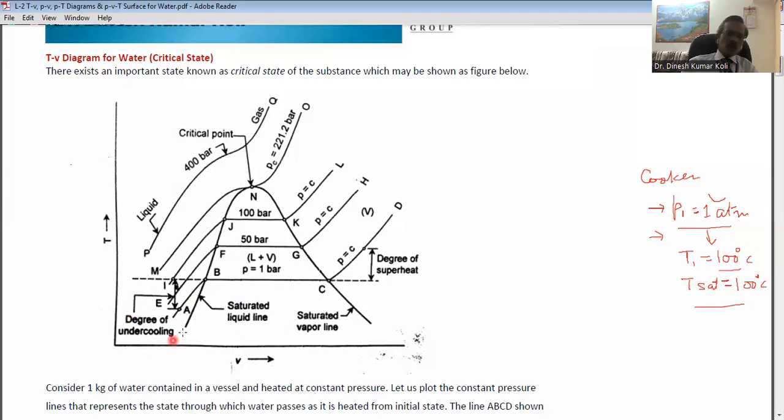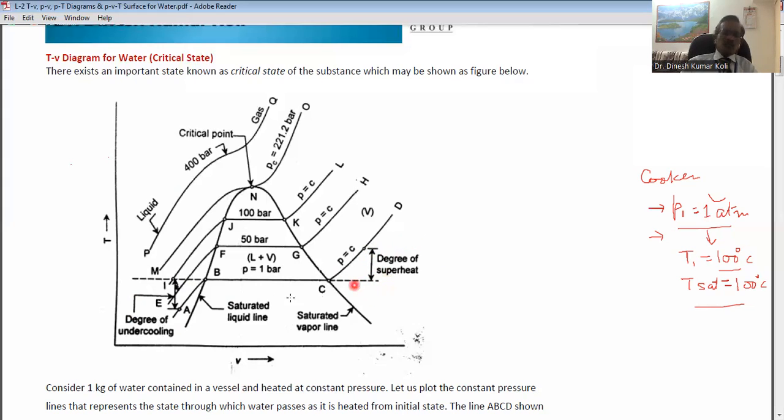It means the temperature below the saturation temperature of the liquid; this difference of temperature is called the degree of undercooling. Similarly, the superheated vapor is at a temperature higher than the saturation temperature.